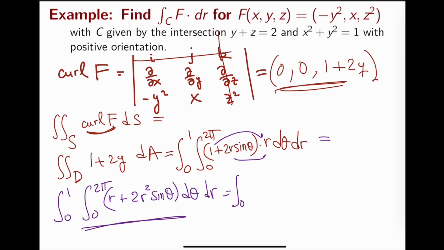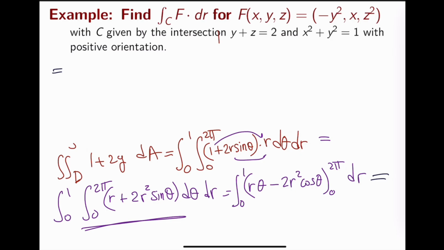So this is the integral between 0 and 1, and the integration will be r theta plus 2r squared. The integration of sine is minus cosine. And this is going to be evaluated between 0 and 2 pi.